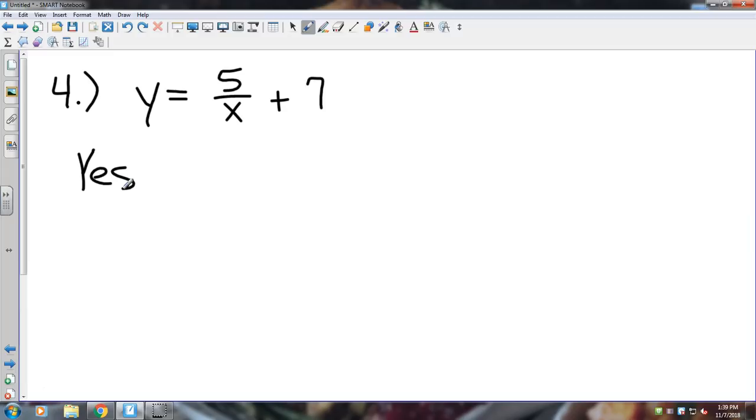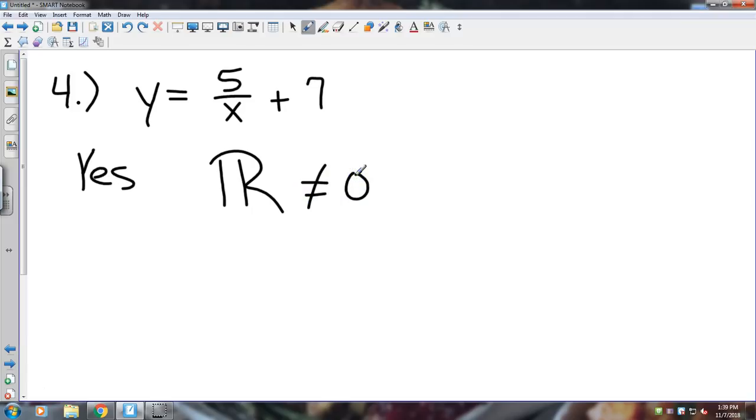Now it asks what the domain is. Is there any x value that I could plug in there that would make that thing not a function? There's a forbidden number in the denominator that it can never be. What is that? 0. I can never have a 0 in my denominator. So the domain for this would be all real numbers, except it cannot be 0.